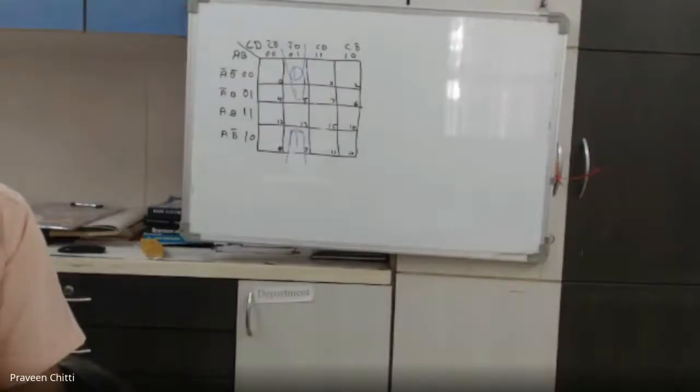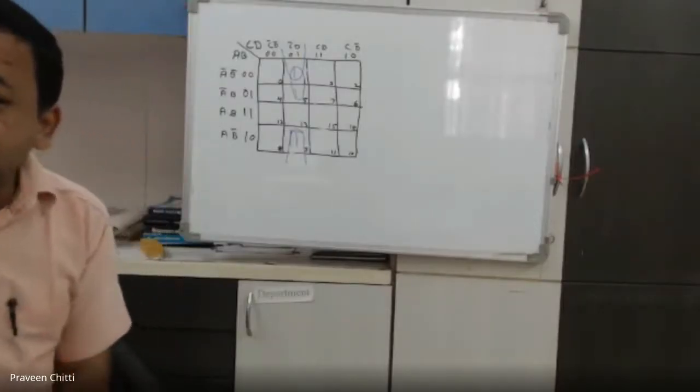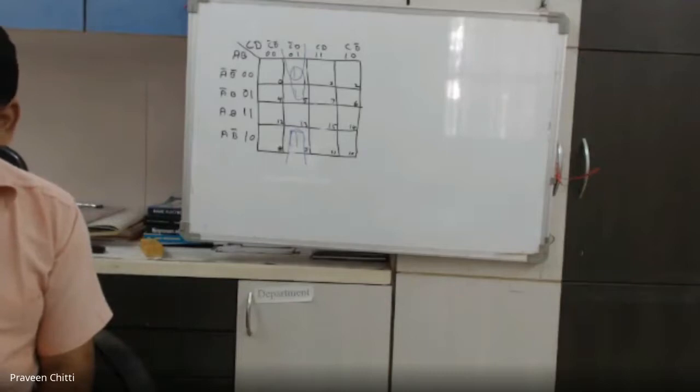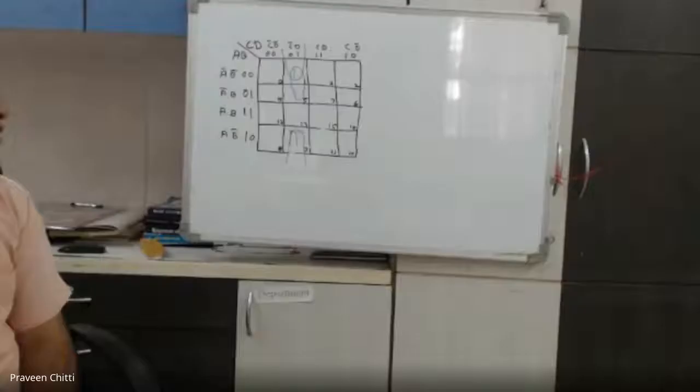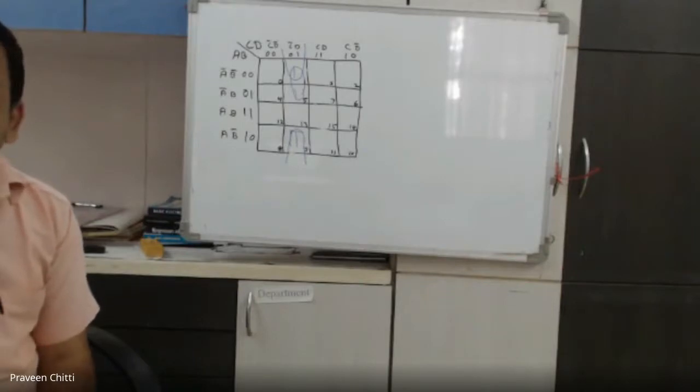So all of you understood the concept of rolling or folding and overlapping? Is that okay? Yes, sir. Okay. Can anybody tell me what is the significance of grouping? What do you mean by pair, chord, octet?